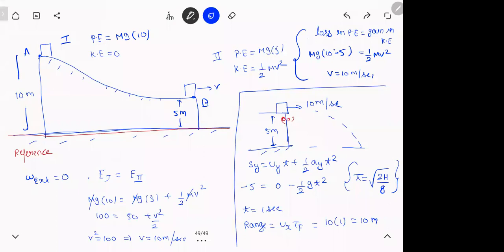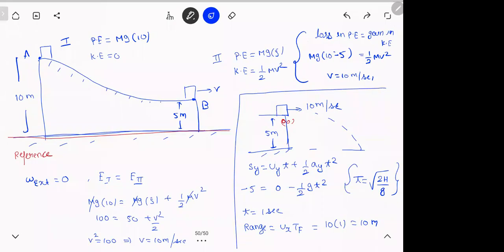Then the kinematics part you still have to do anyways. Clear? Next one.